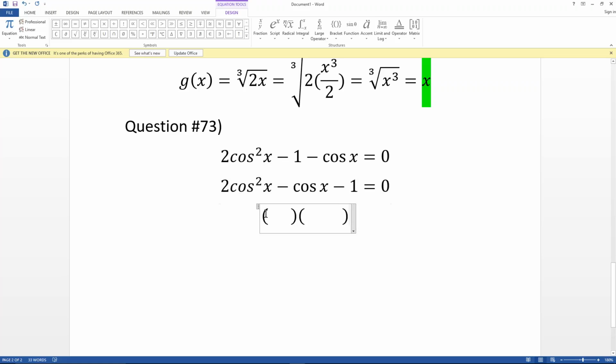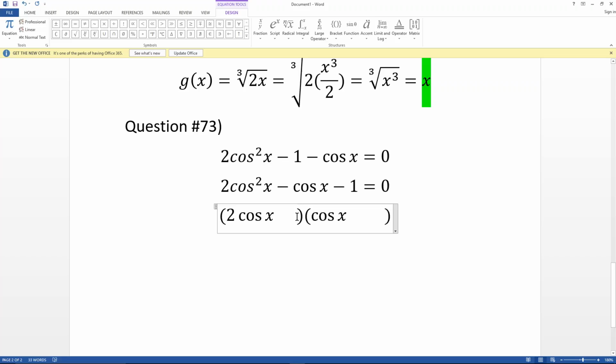What times what is 2 cosine squared? 2 cosine x and then cosine x right here, because when you multiply, you get 2 cosine squared x, because this has a coefficient of 1, right? Now, there's only one multiple of 1.